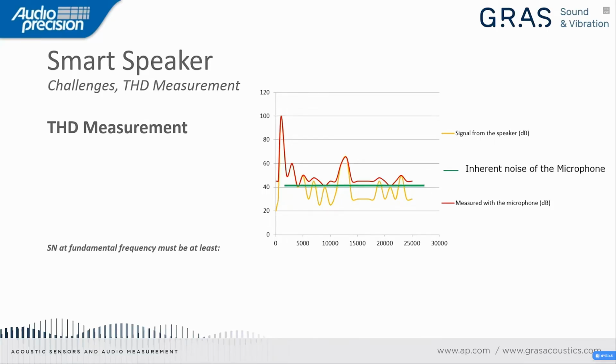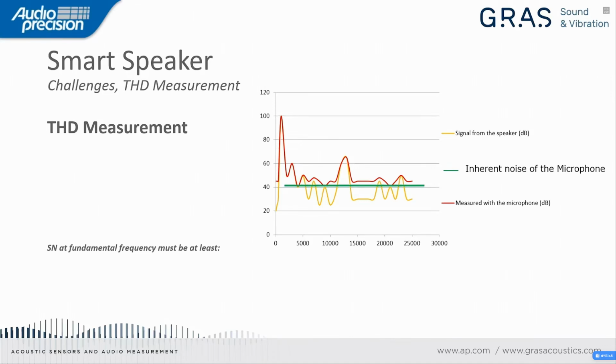If the signal we apply from the speaker, our test signal, is the yellow one, we can see that at some frequencies the yellow one is much below the self noise of the microphone. So what we actually measure is the red line.